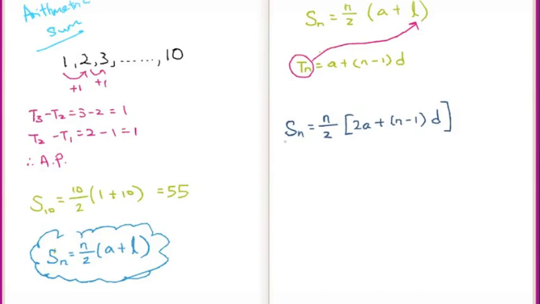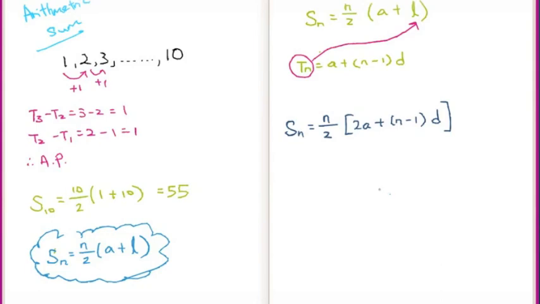Otherwise, you need to substitute it, and then n over 2 times (2a plus (n minus 1) times d). Remember, you need 2a, not a. This is extra knowledge based on experience, and you should realize it as time goes.